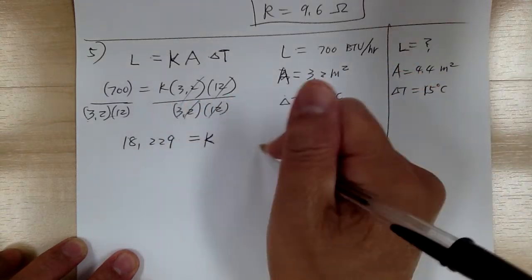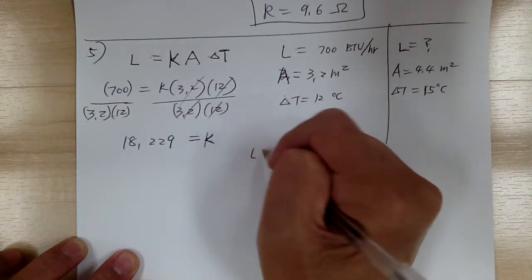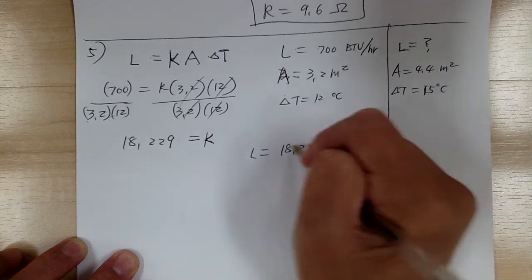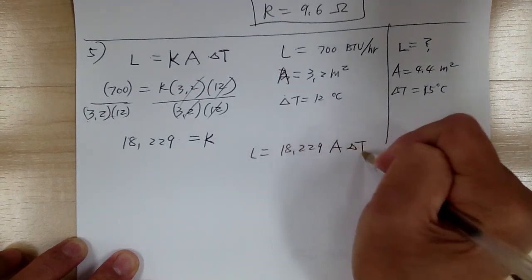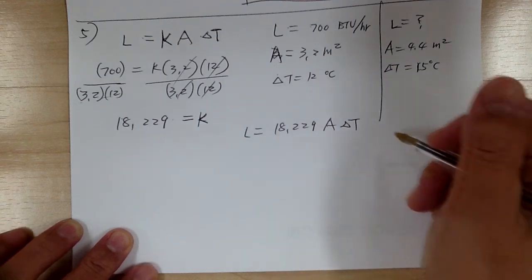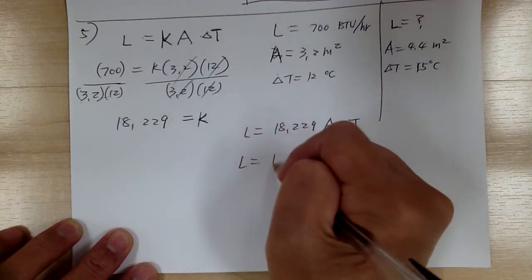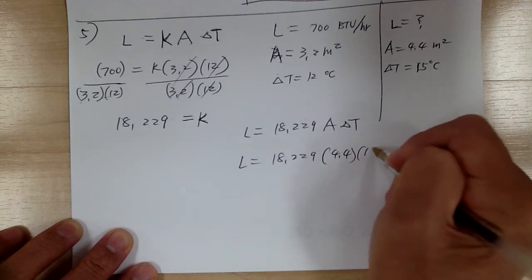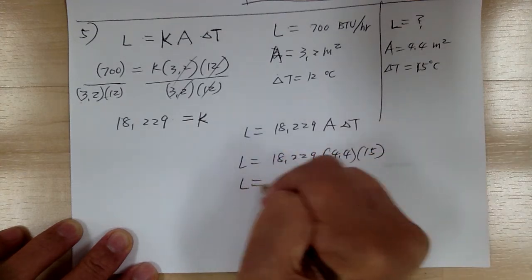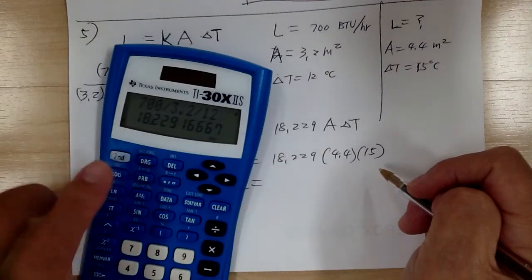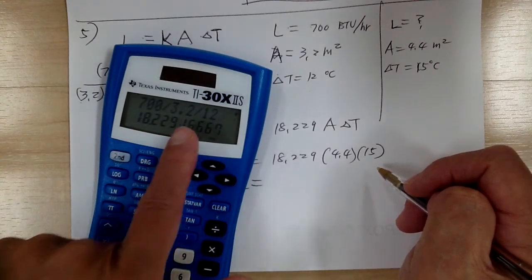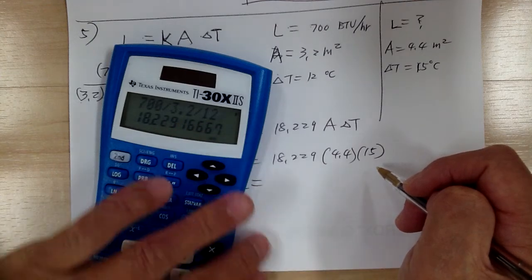Okay, so once you find K, that's going to update the equation. So L equals 18.229 A delta T. Substitute everything in here. So L equals 18.229 times 4.4 times 15. Notice that in my calculator I have this number, so I can just use that, so that way I don't chop up too many digits.